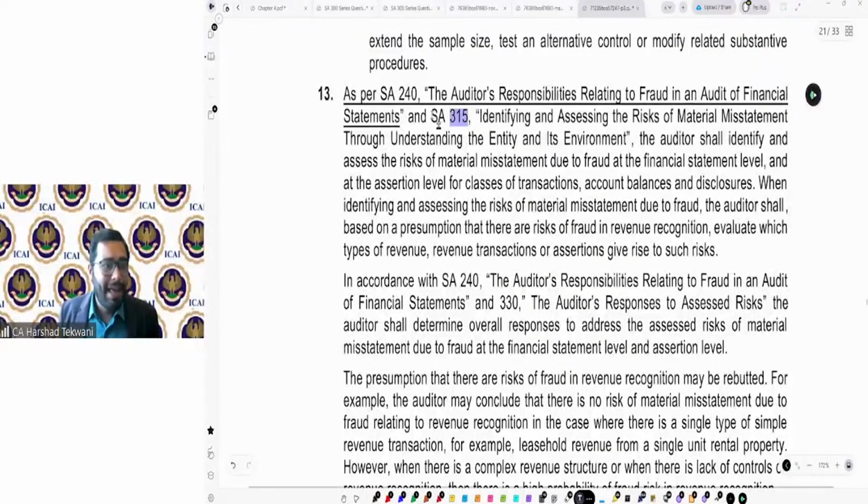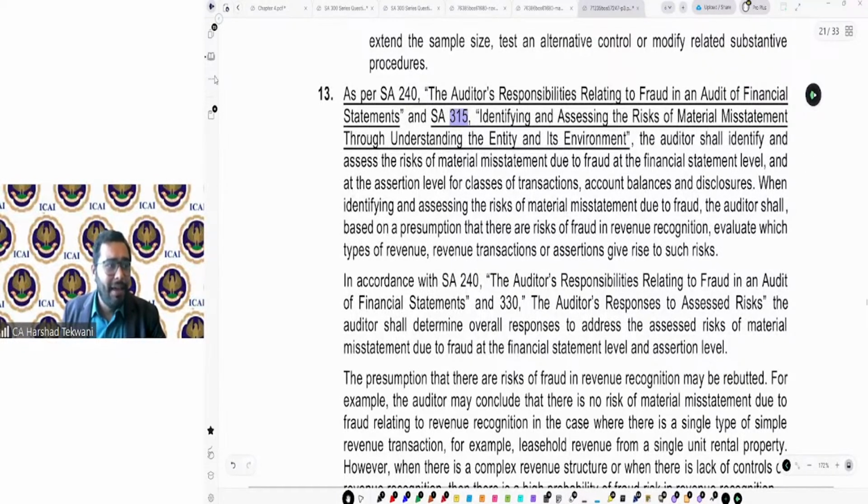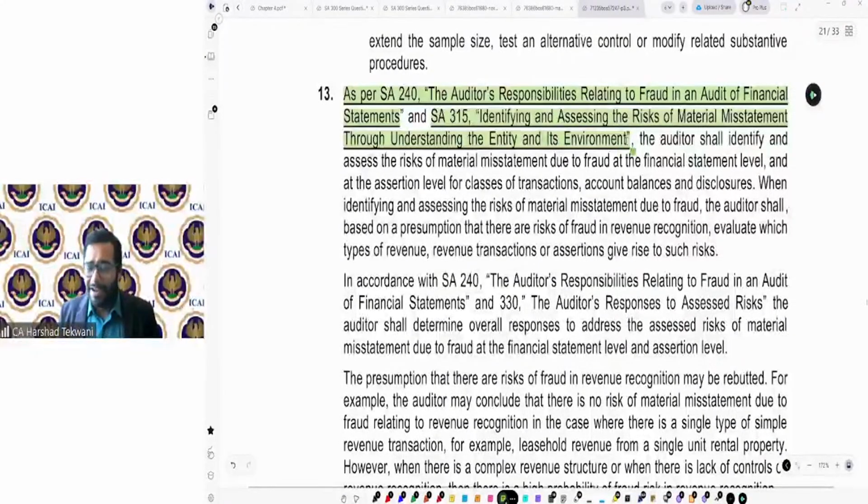And as per SA 315, identifying and assessing the risk of material misstatement through understanding the entity and its environment. Okay, two things, SA 315 and SA 240. I'm putting these two things over here because one, I'm talking about fraud, and another, I'm talking about the risk of material misstatement.